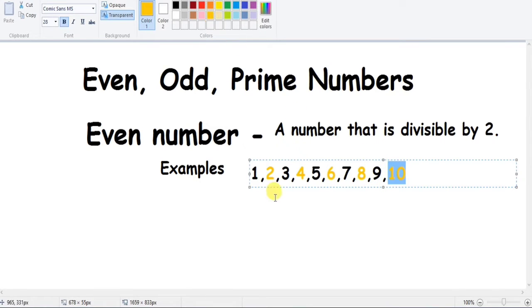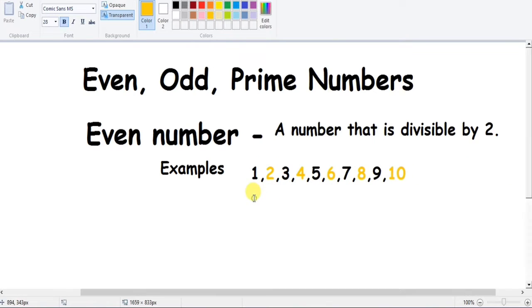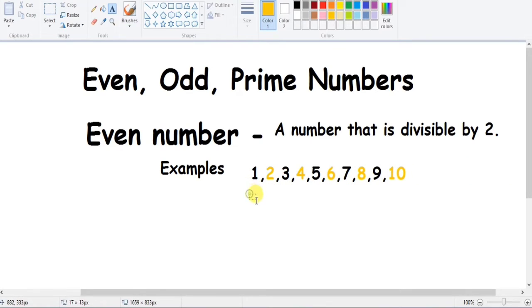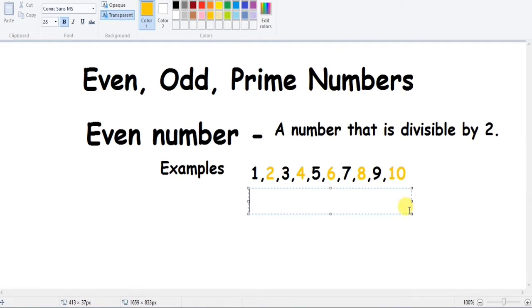So the numbers I've listed here that can be divided by 2 are 2, 4, 6, 8 and 10. 1 is excluded here. Okay, so that's that for even numbers.